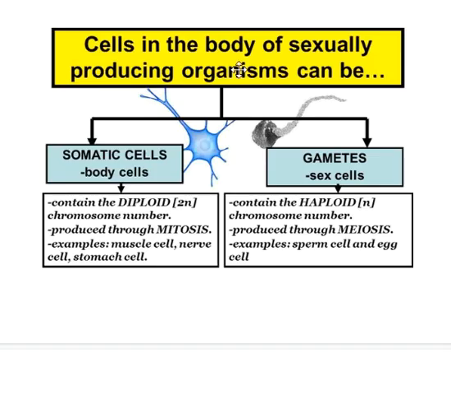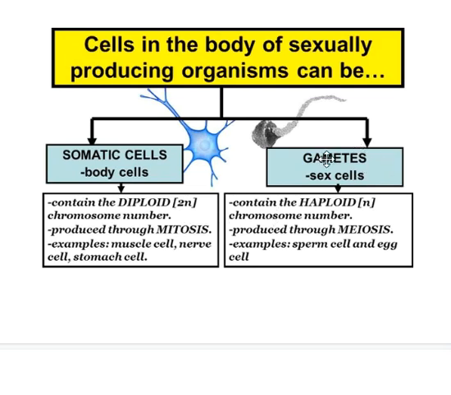Depending on whether it's a somatic cell or a sex cell, we have a particular number of chromosomes. If it's a somatic cell, it will contain a diploid number of chromosomes, I mean 23 pairs or 46 chromosomes.